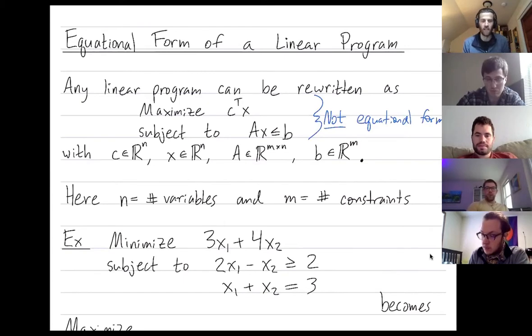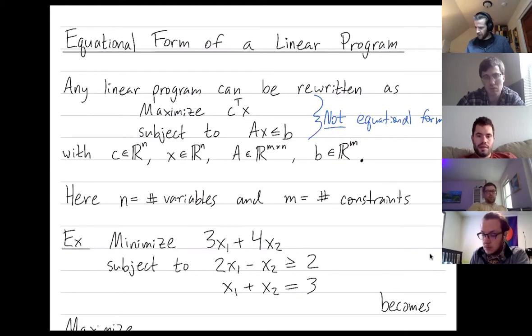x is our vector of n variables. A is our matrix encoding all of the constants that appear in our constraints. And b is the vector giving the right-hand side of our constraints. So as we'll see in a moment, in this problem, we have n variables given by vector x of length n, and we have m constraints given by the m rows of matrix A or the m rows of vector b.